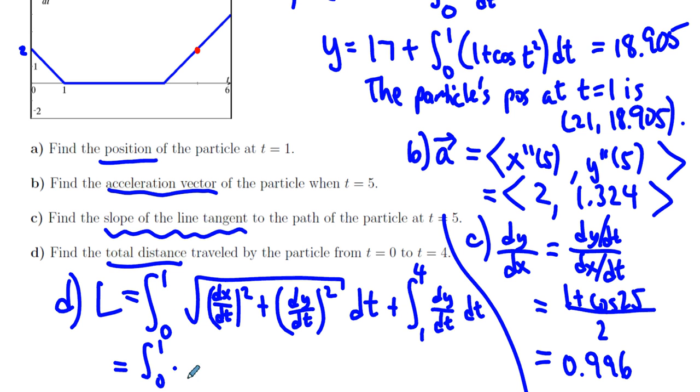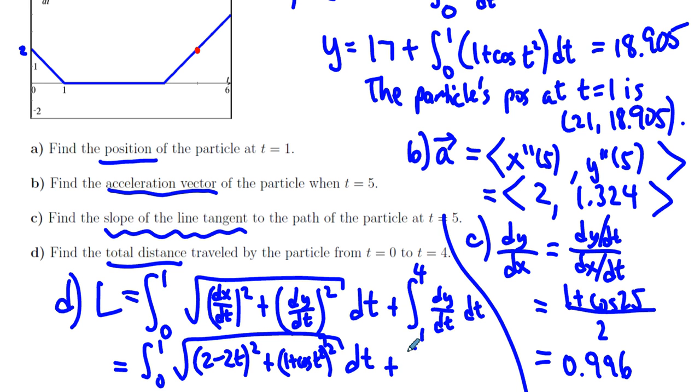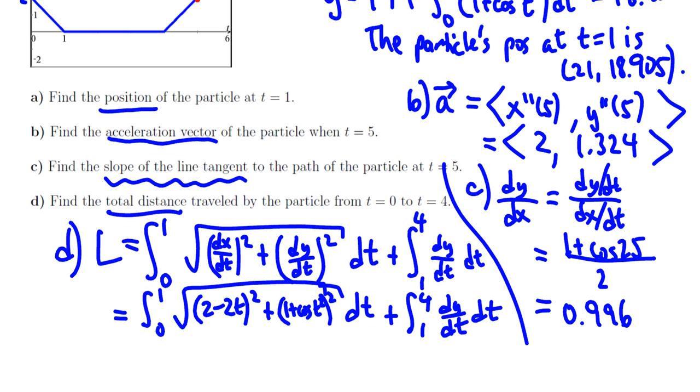It can integrate from 0 to 1 the square root of (2 minus 2t) squared plus (1 plus cosine t squared) squared, dt, plus the integral from 1 to 4 of dy dt. The calculator can do all of that and leave you with a numerical answer.